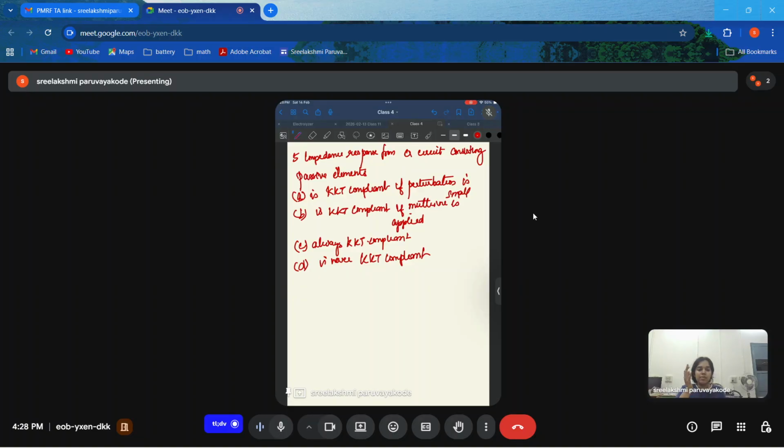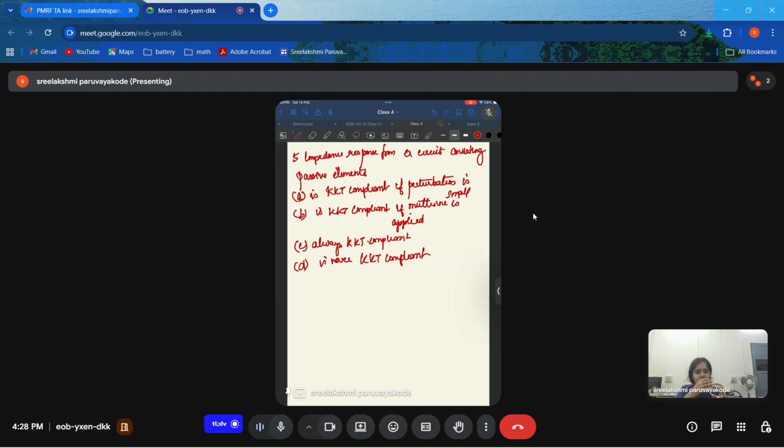Sometimes it will be difficult to get the data over the entire range of frequency, as is required for the KKT compliance test. So we may truncate it, and when you truncate it, it says it's non-compliant. So what we can do is try to fit the data using passive elements like resistor, capacitor, and inductor.